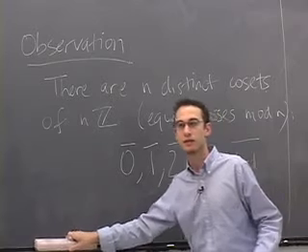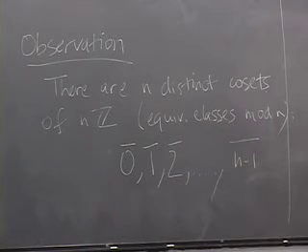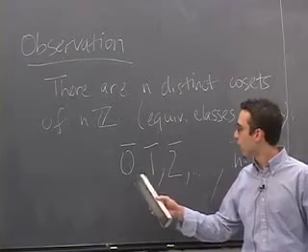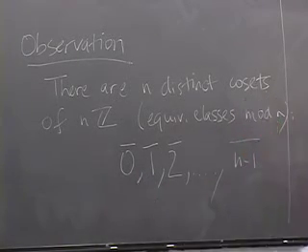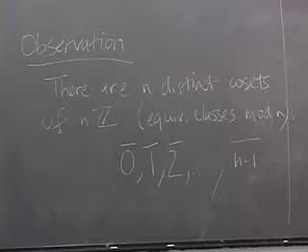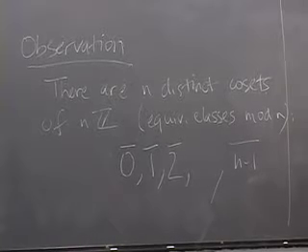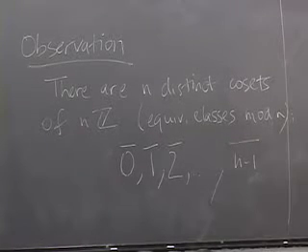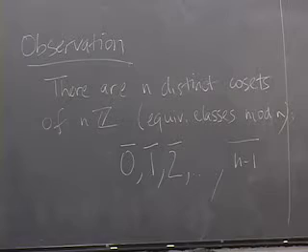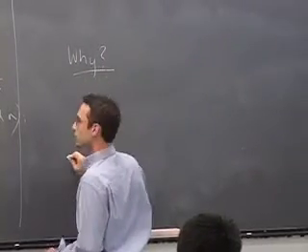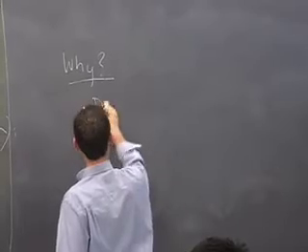Why is this? Can anybody give me a quick proof at least that every coset, or every equivalence class, is of this form? Exactly. This is a matter of taking advantage of the division algorithm. So why? Well, at least in one part, it's the division algorithm.